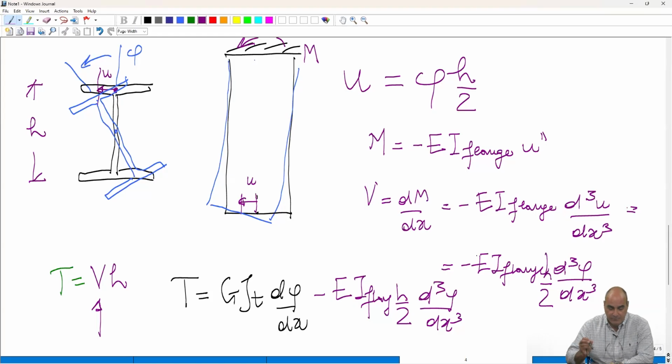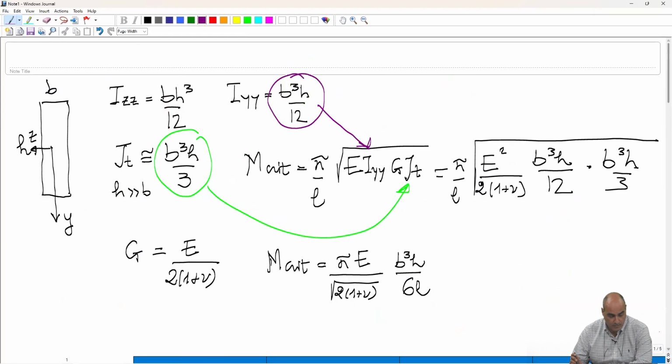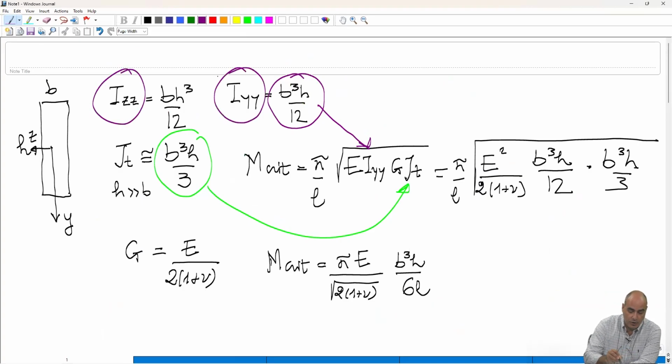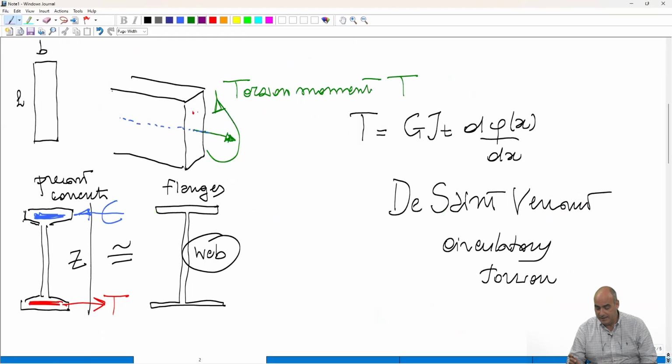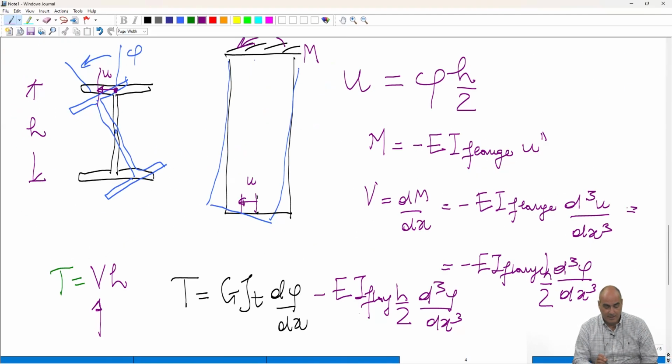And among this information, you find these two cross-sectional characteristics. You find the two main moments of inertia. But you don't find this one, the moment of inertia of the flange. Well, you can say, no matter, I know how wide the flange is, I know its thickness, I can calculate it easily.